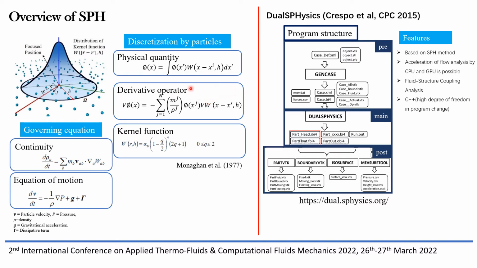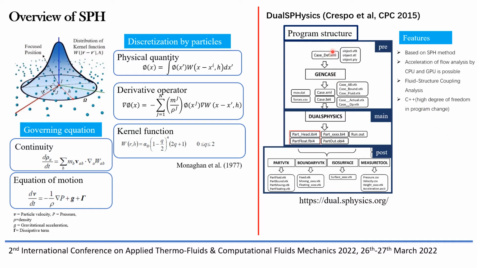And by employing all the formulation here in the SPH, we employ DualSPHysics that was introduced by Crespo et al. It has some features such as being based on the SPH method, being open source software, acceleration of flow analysis by CPU and GPU is possible, fluid structure coupling analysis is available, and it is based on the C++ language, which has a high degree of freedom in program change.